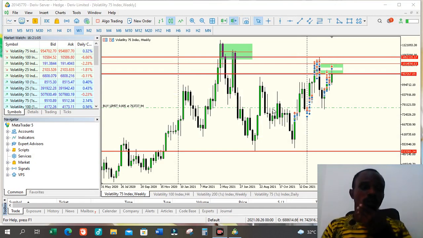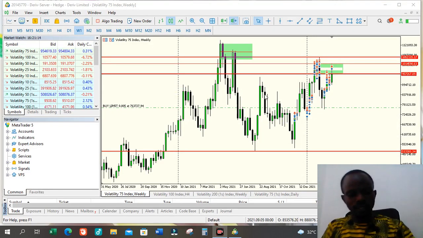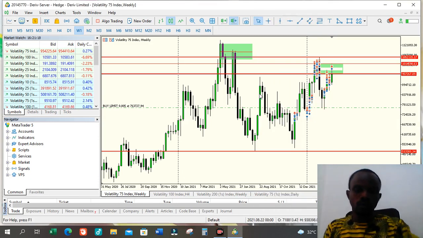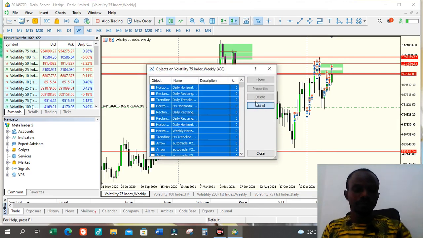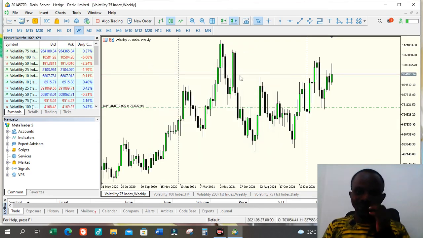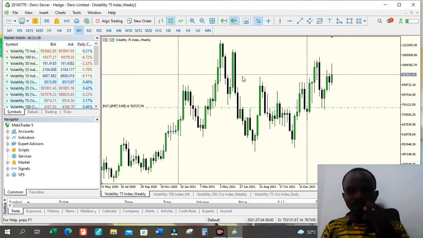Okay, so let's go to the chart and see a little bit of what it is. I don't trade so much with indicators. I believe the typical market structure should show you what is happening on the market for you to decide.